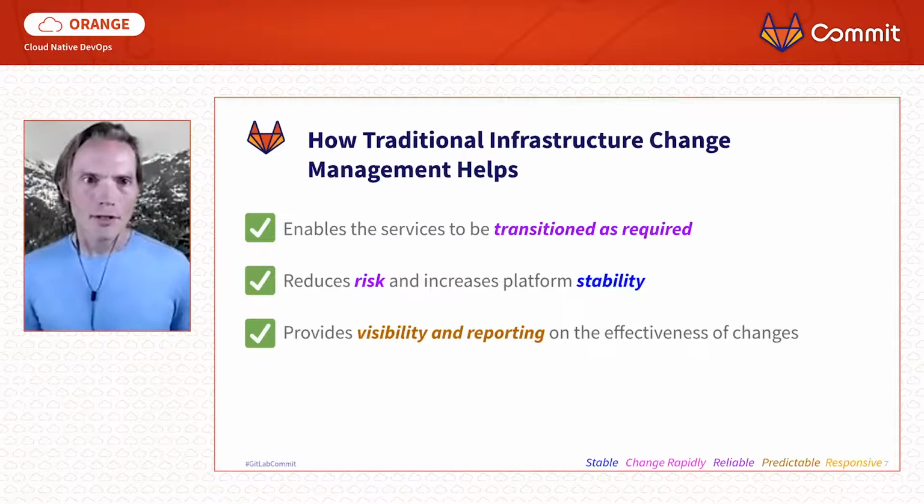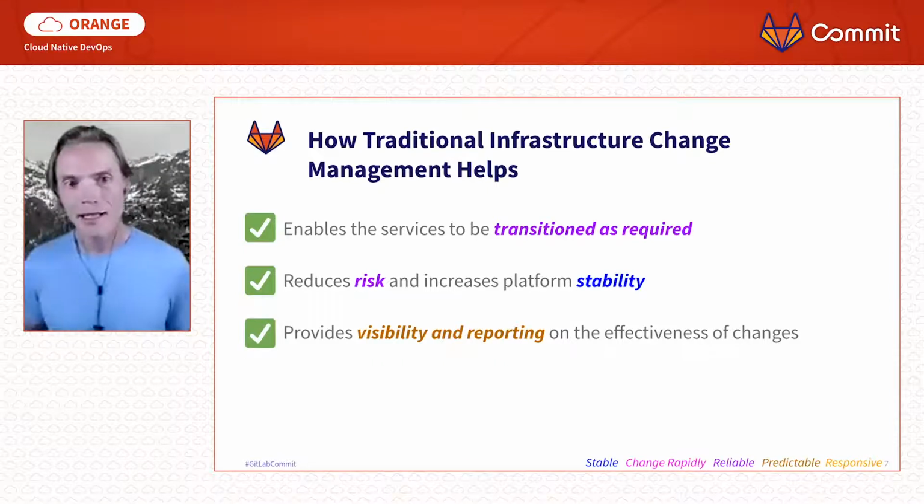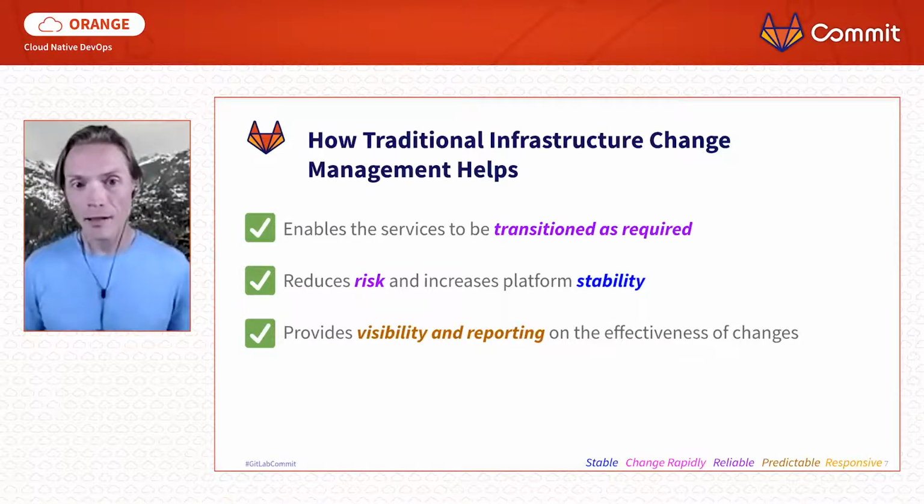So how does traditional infrastructure change management really help the organization? Well, it does a few things for us. I mean, it is the process that actually allows changes to be made to services in the organization. We may need to refine it a little bit, but it helps us affect service change. It also reduces risk because we've gotten a lot of eyes and a lot of input on the type of change that we want, and it really maintains the stability of the service for our end users.